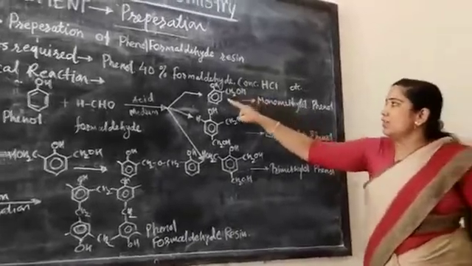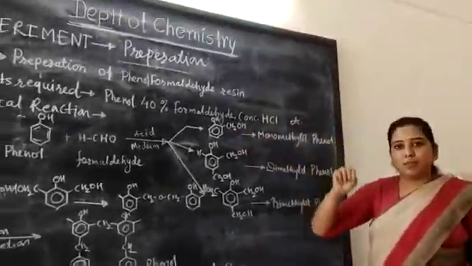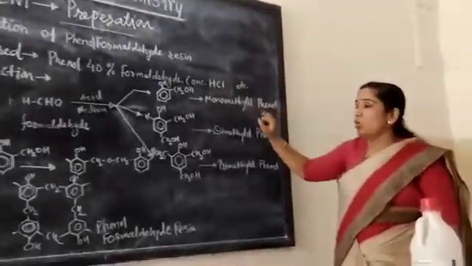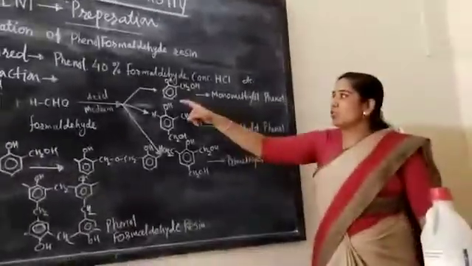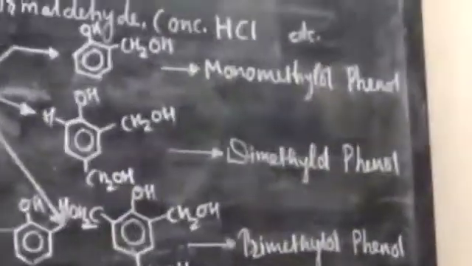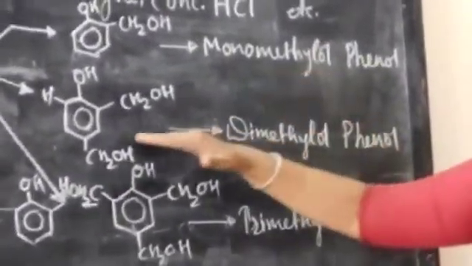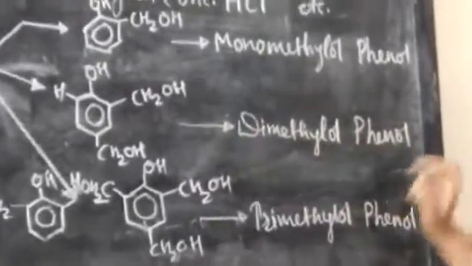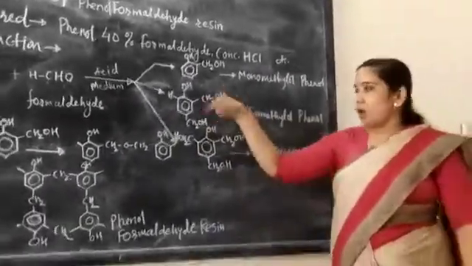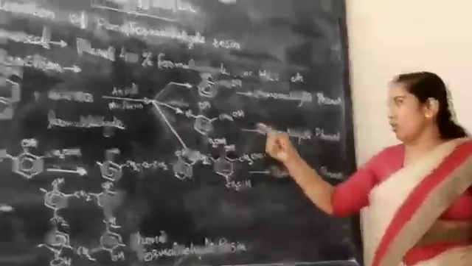The first one, which is only singly substituted, is called monomethylol phenol, or it is also called 1-hydroxymethyl phenol. That's another name. The second one is dimethylol phenol, or 1,3-dimethylol phenol.